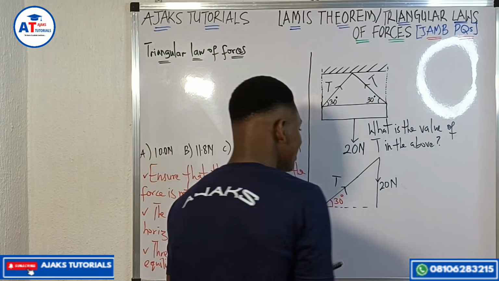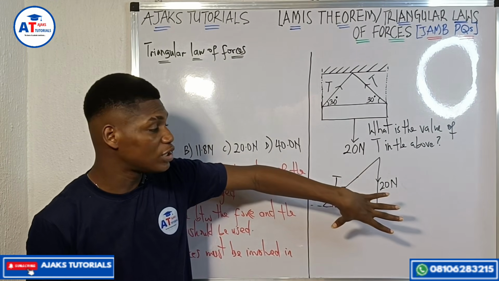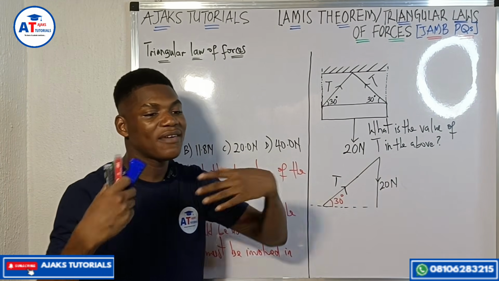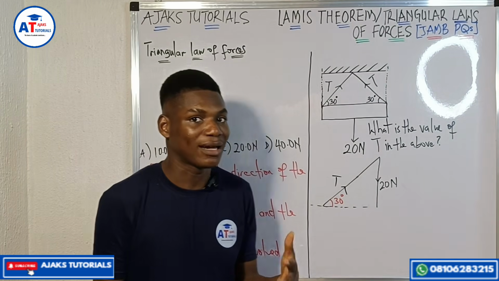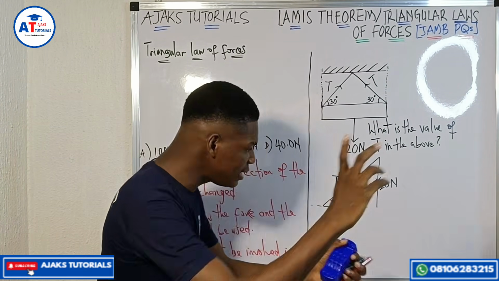Now look at it. Most people wanted to form a right angle triangle. I never told you this is meant to be a right angle triangle. It's a normal triangle; it can be right angle, it can be normal. Now this is what you should do.